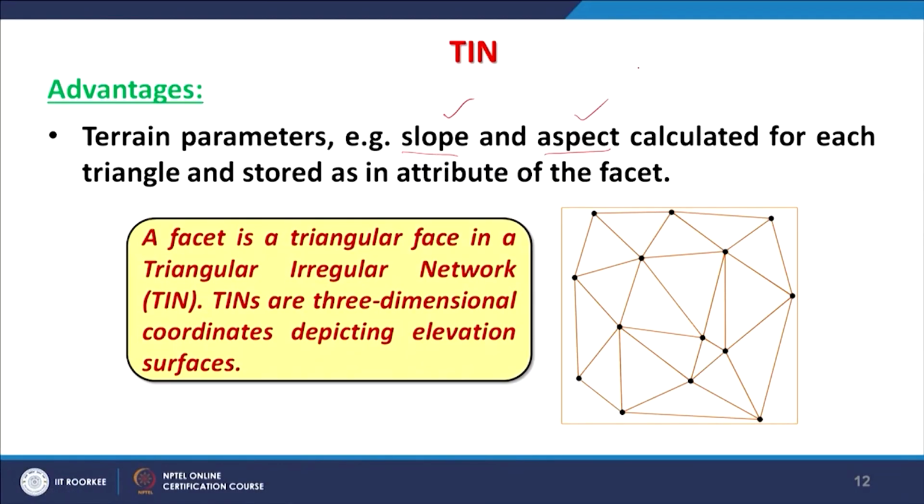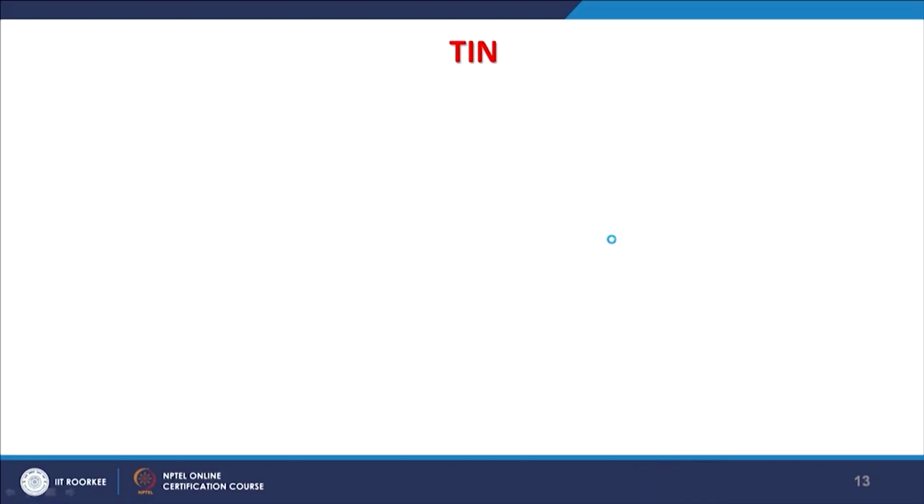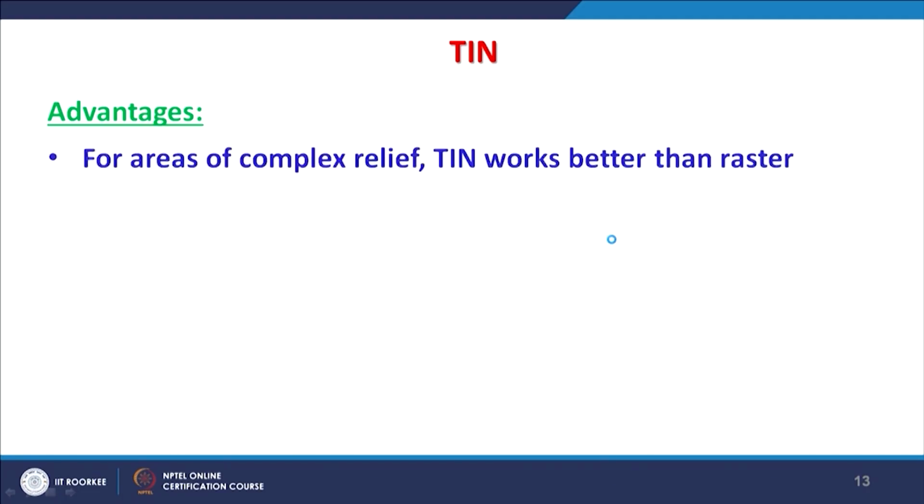So, a facet basically, this facet example here, is a triangle in a tin. These are the 3-dimensional coordinates depicting elevation surfaces, or a facet or plane, as we can also call it. Now, here the facet example is given, and now we will go through the advantages. Some we have already touched on: in areas of complex relief, tin works better than raster.